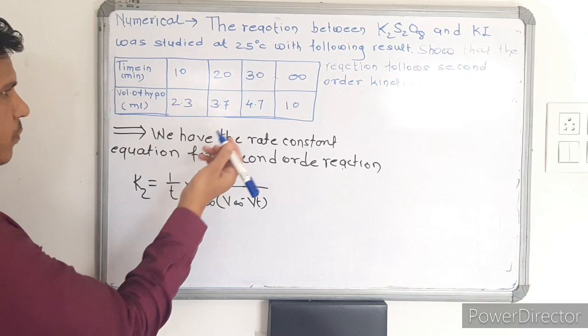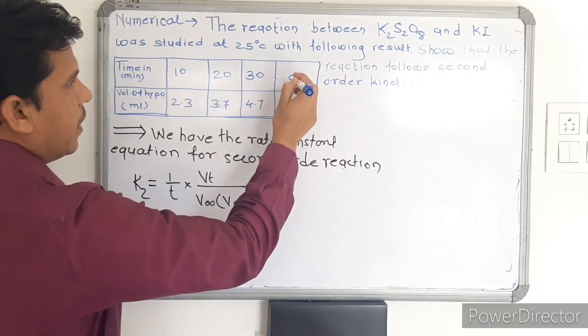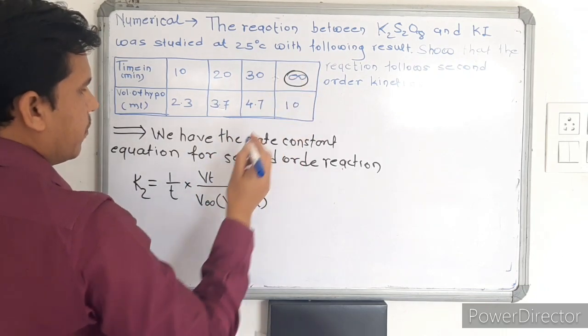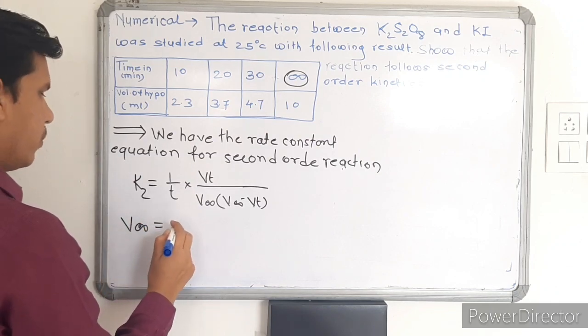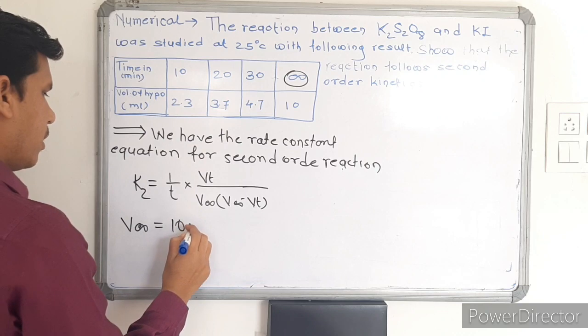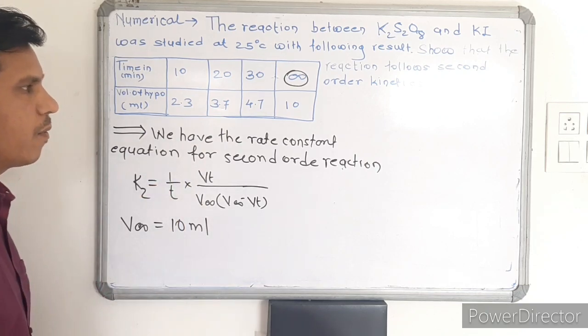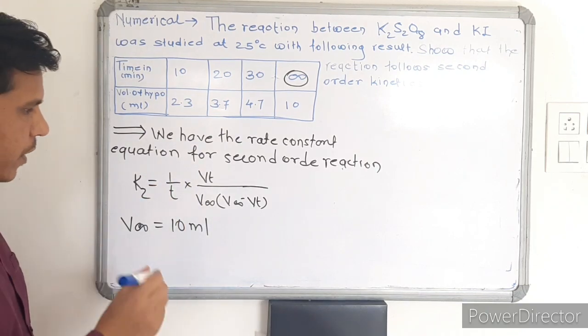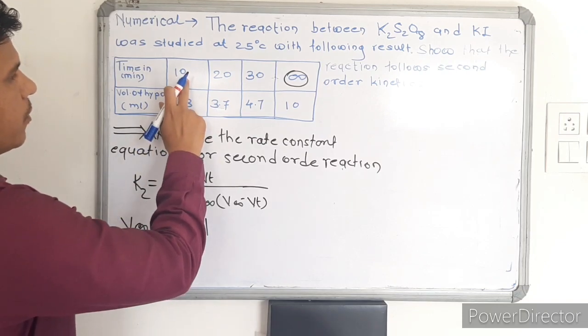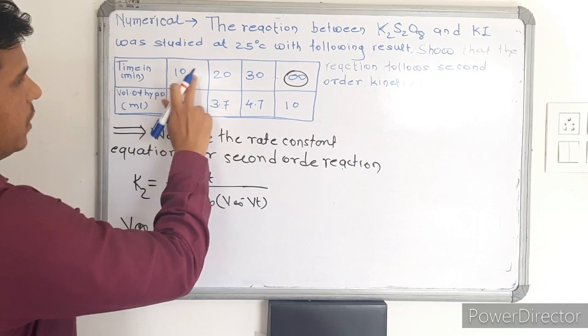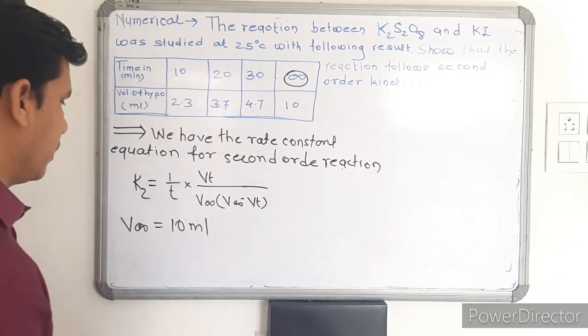Now the V infinity we can easily identify from this at infinite time. So we write V infinity is equal to 10 ml. Now we will find out the value of the rate constant at the different time intervals, that is at 10 minutes, at 20 minutes and at 30 minutes.